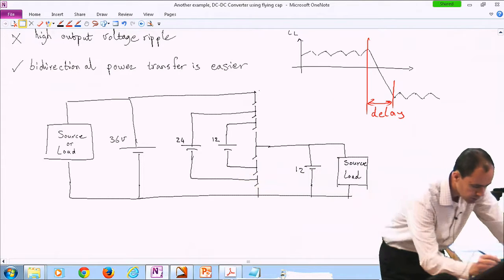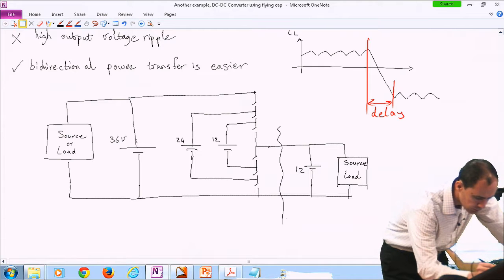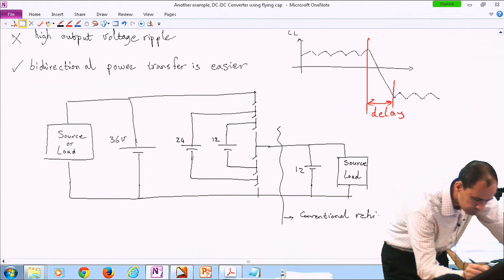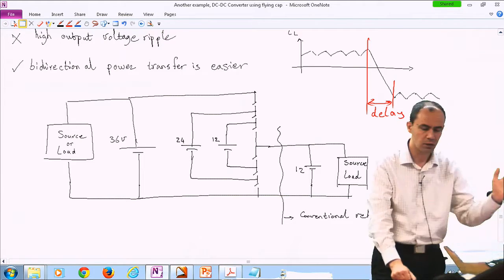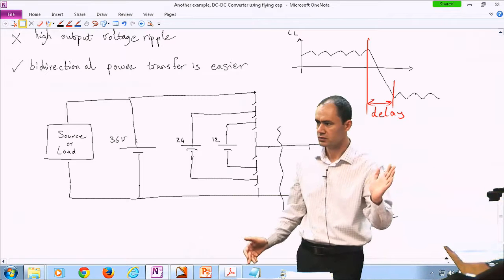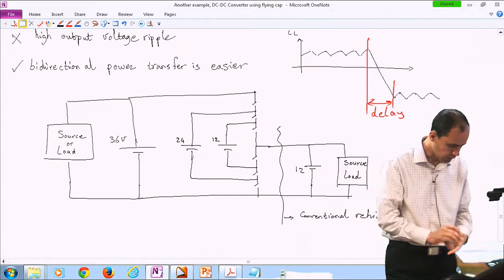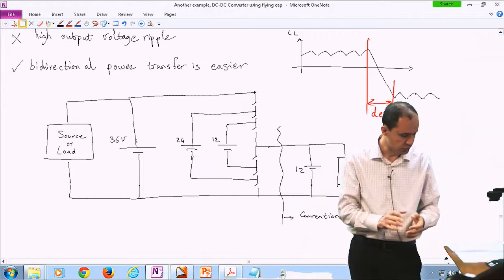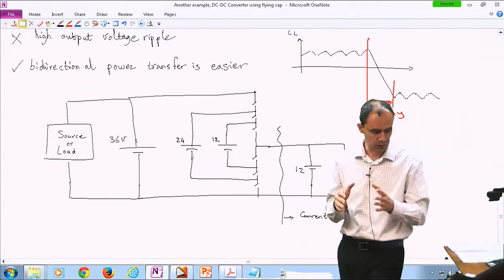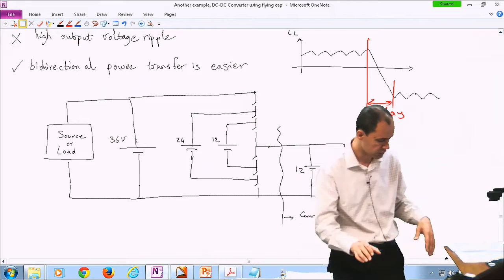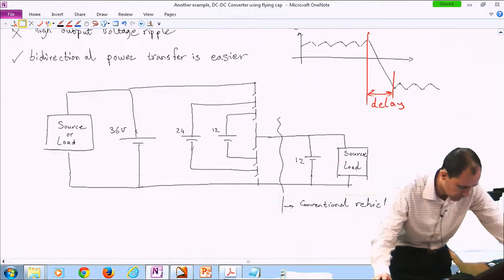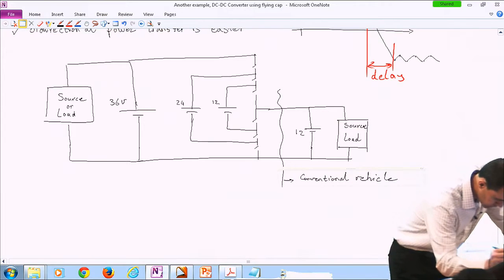This part is the conventional vehicle, and the one on the left is the pseudo 36-volt system. Then the switching pattern is, for instance, you turn the switches on and off in a way that you're converting 36. Let me write the switching pattern. It's 1, 2, 3.